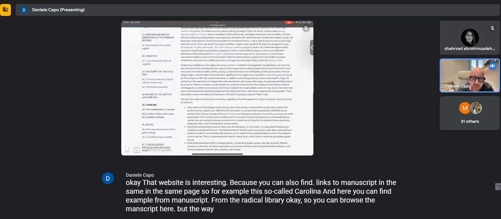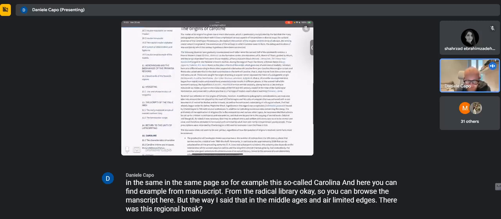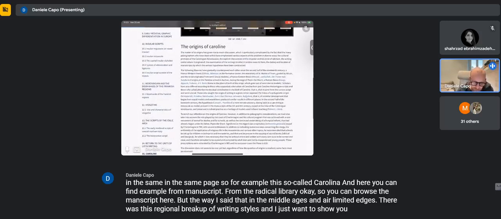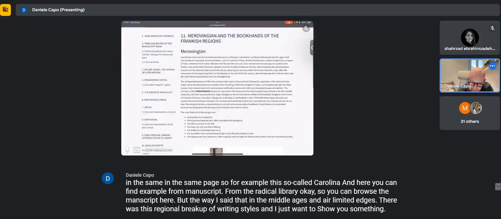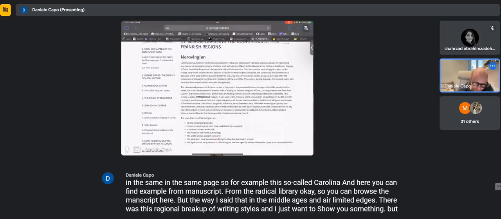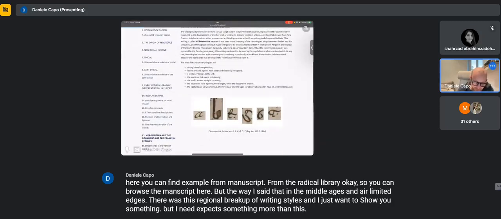By the way, I say that in the early Middle Ages, there was this regional breakup of writing styles, and I just want to show you something. But I did expect something more than this.